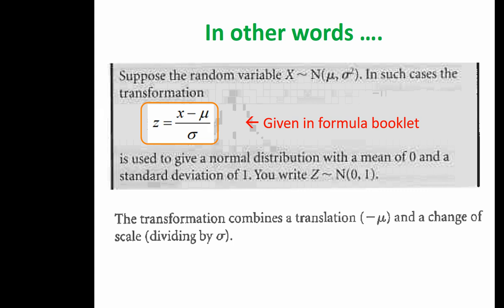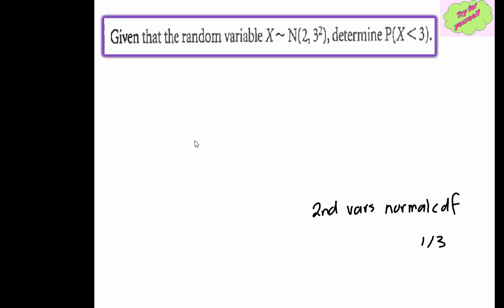This formula is used to give a normal distribution with a mean of 0 and a standard deviation of 1. You write z is approximately normally distributed with a mean of 0 and a standard deviation of 1. The transformation combines the translation of subtracting mu and a change of scale, dividing by sigma.